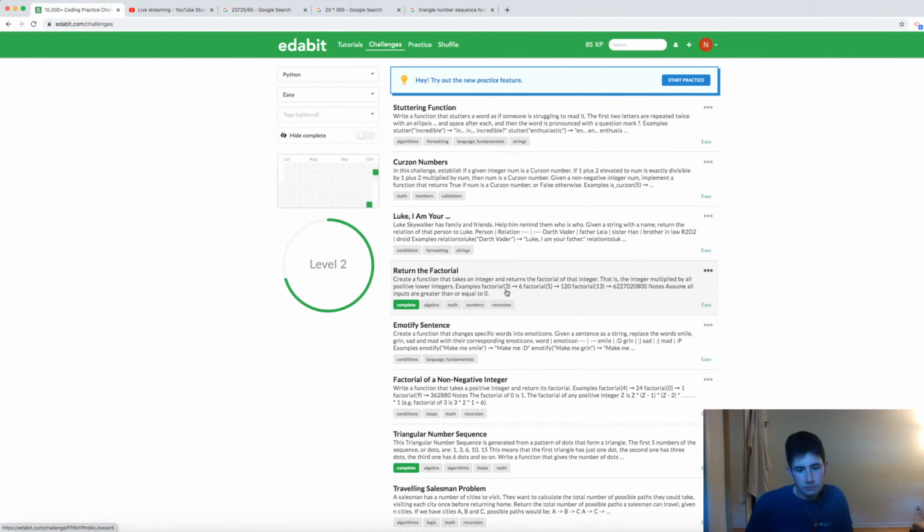All right, let me find something cool. Let's do compound interest. Compound interest seems like a fun problem to attack. Okay. You have $10,000 for 10 years at an interest rate of 6% compounded monthly.